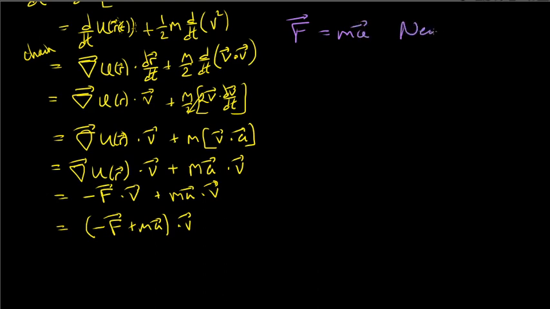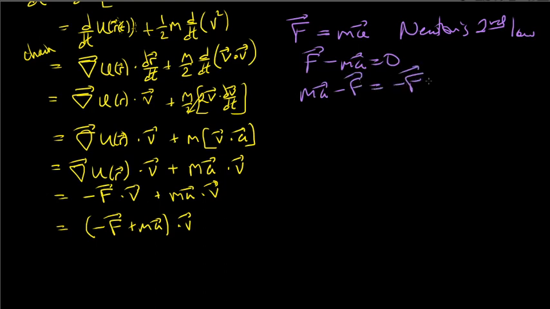This is Newton's second law of motion, which means if I take F minus ma, I just get 0. Or the other way, ma minus F, which is what I have over here, negative F plus ma. That has to be the 0. Oh, sorry, 0 vector. So this is just the 0 vector dot v. V dot 0, anything dot 0 is 0.